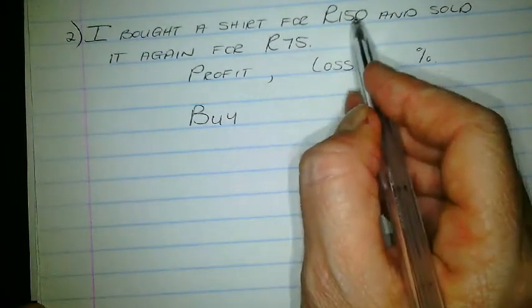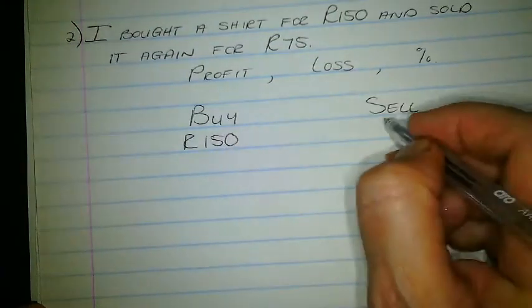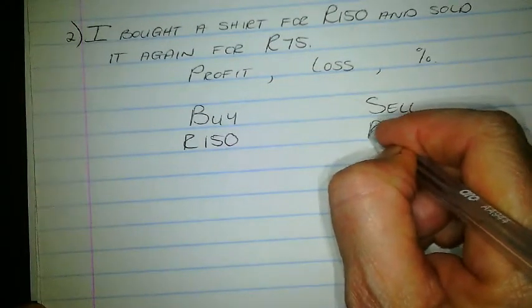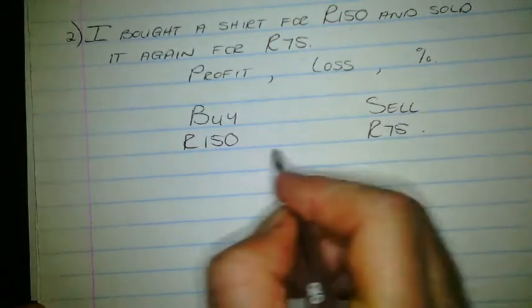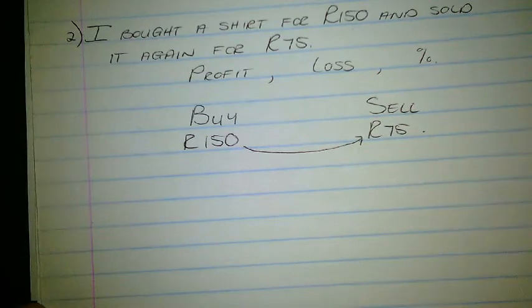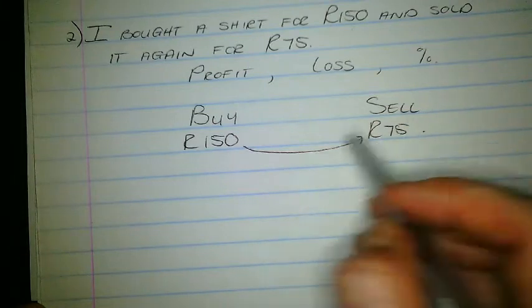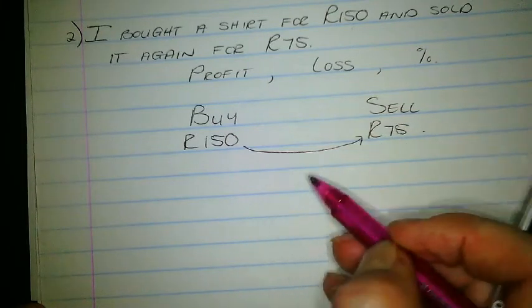Okay, first of all, I bought it for 150 Rand, but when I sold it for 75 Rand. So again, and use these arrows, no one's going to think you're not clued up if you do these calculations somewhere on a paper or on your exam paper, doesn't matter.